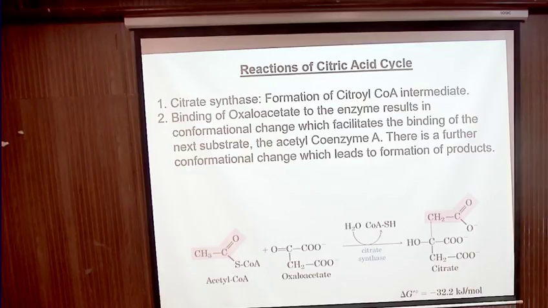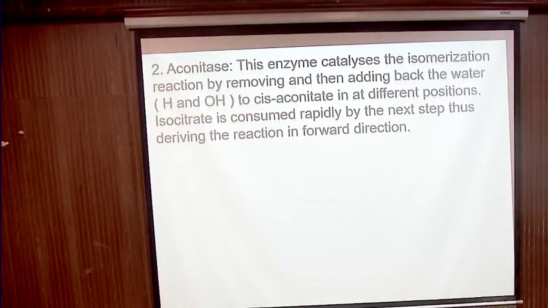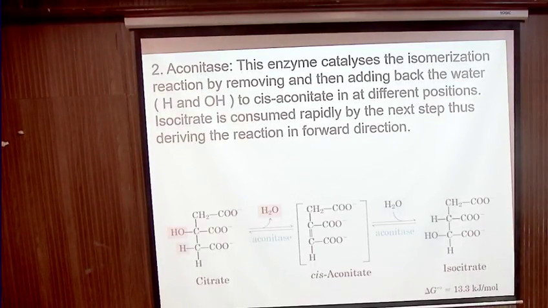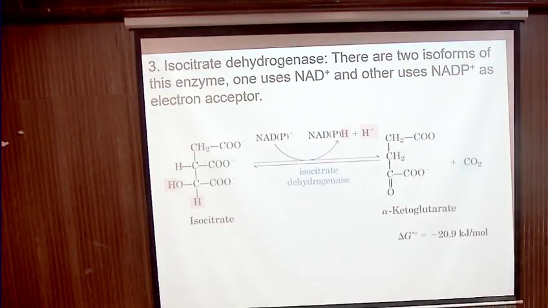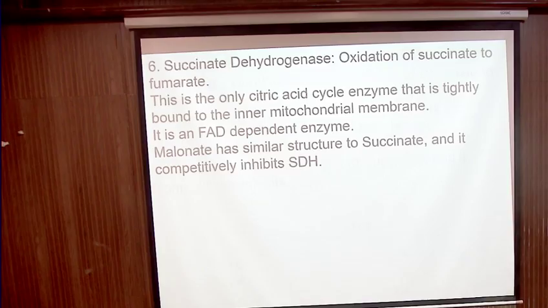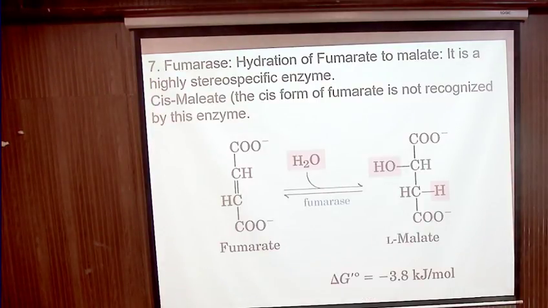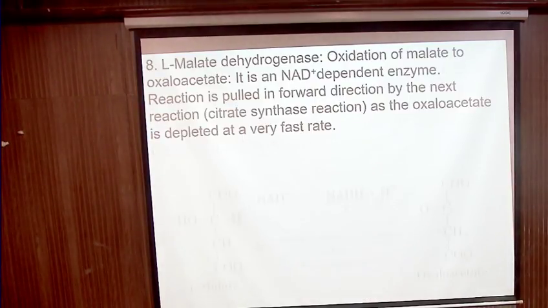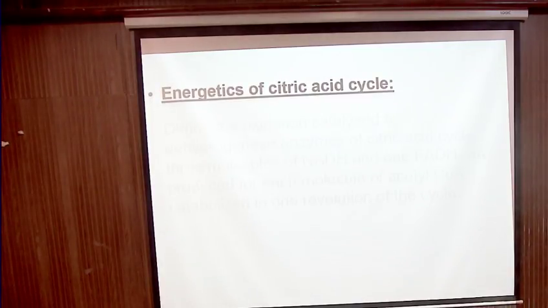If you know the basic names of the substrate and product, that is more than sufficient, with the name of the enzyme and where it produces the oxidative or substrate level phosphorylations. Each of those reactions can be explained.